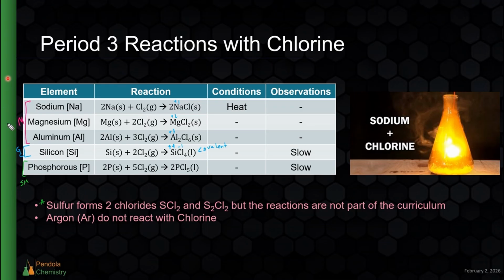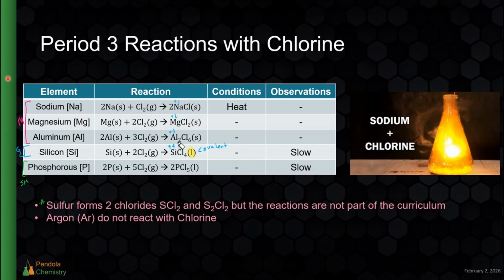One other thing to note about this particular reaction and this particular product is that the silicon chloride is liquid in state of matter. Whereas all of the other compounds we have seen here are solid, the silicon chloride is liquid. Now, I didn't mention this before with something like sulfur dioxide, because at this point in time with equilibrium and thermodynamics, you should all know that sulfur dioxide is a gas.